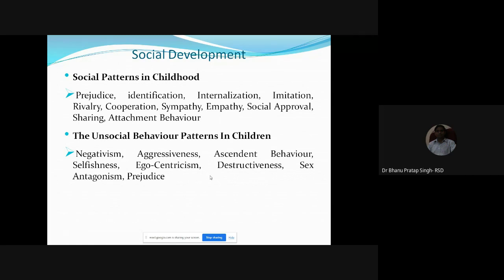Prejudice, identification, internalization, imitation, rivalry, cooperation, sympathy, empathy, social approval, sharing, and attachment behavior. These are the social patterns which play a very important role among children, and therefore the role of family and teachers should be to inculcate these social patterns in the child.